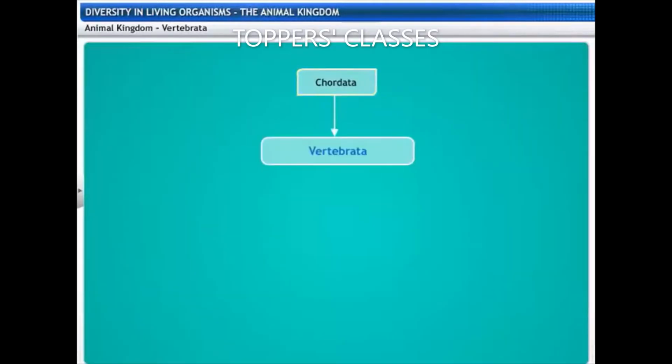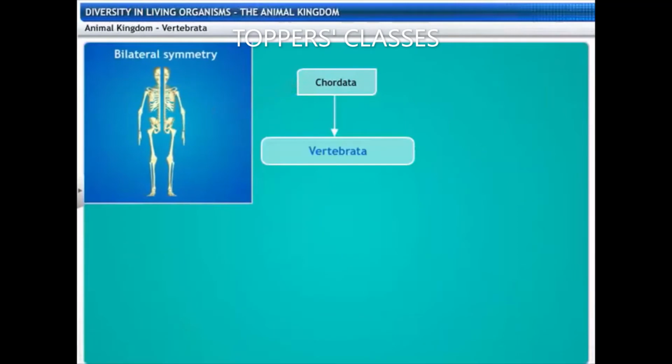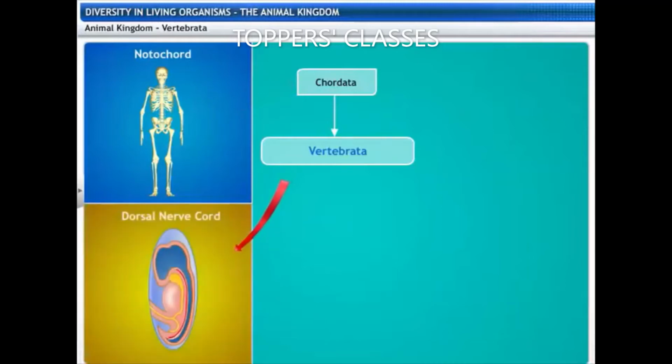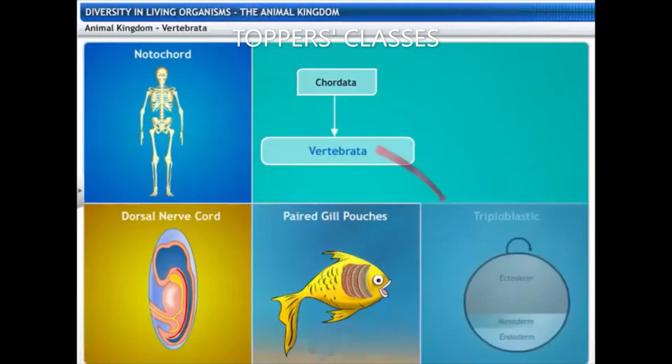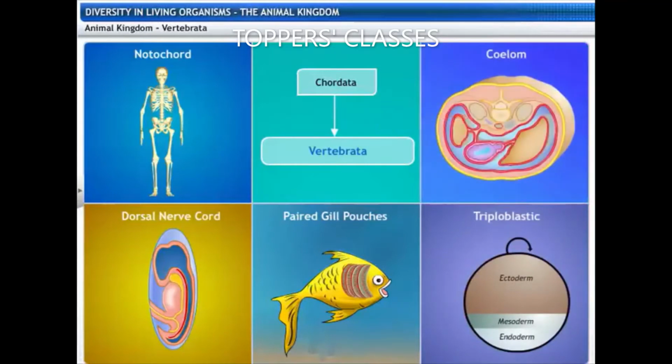Subphylum Vertebrata is classified into different classes based on bilateral symmetry, notochord, dorsal nerve cord, paired gill pouches, triploblastic, and coelomate.